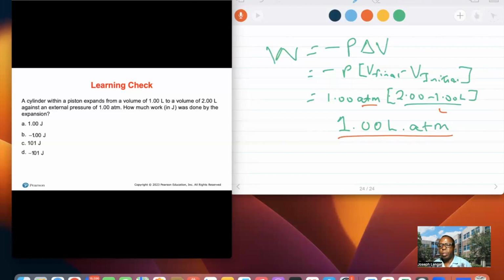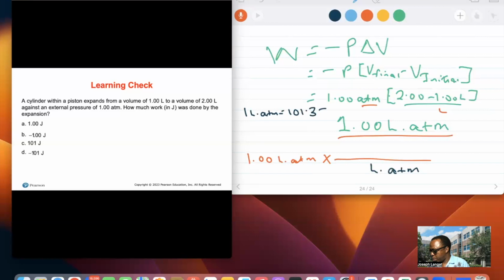But this is not a final answer. We need to express our answer in joules, so using the conversion factor, you want to get rid of liters times atmosphere. Remember, 1 liter times atmosphere equals 101.3 joules.